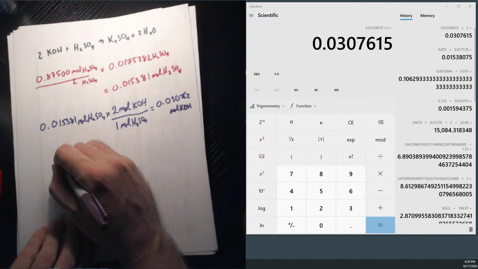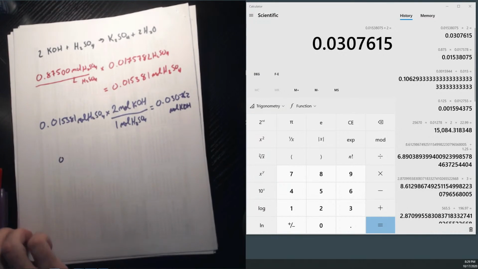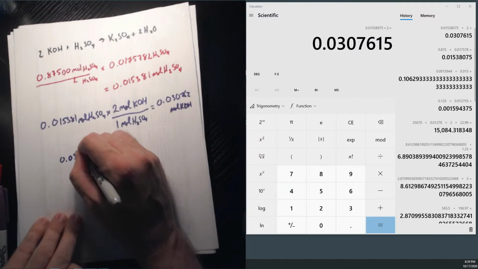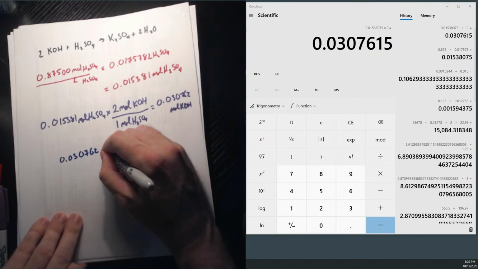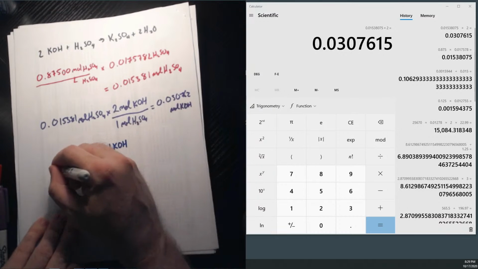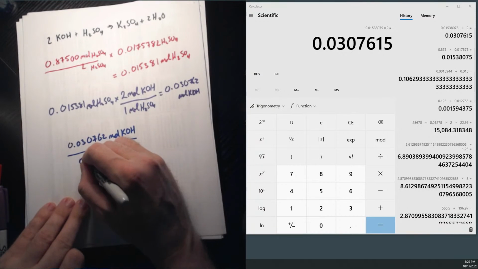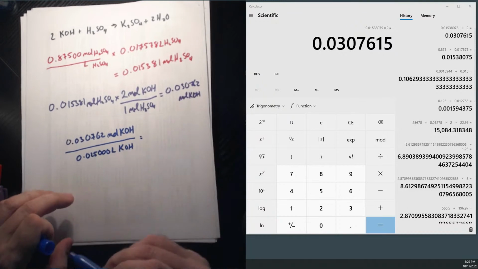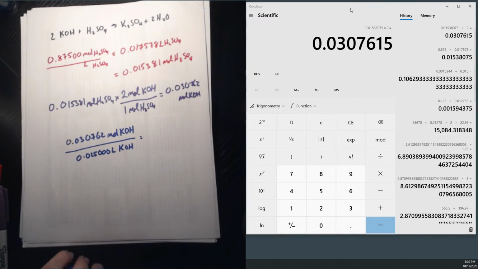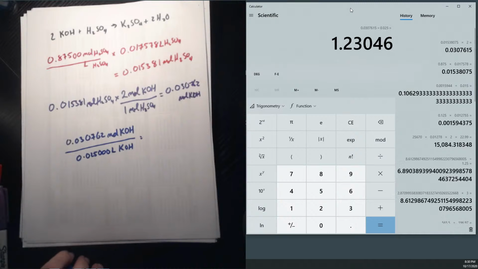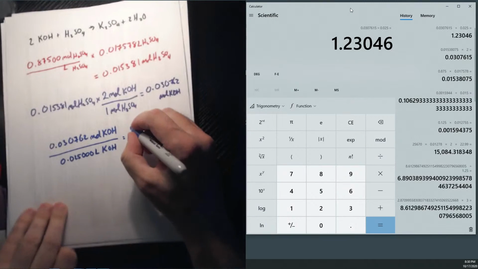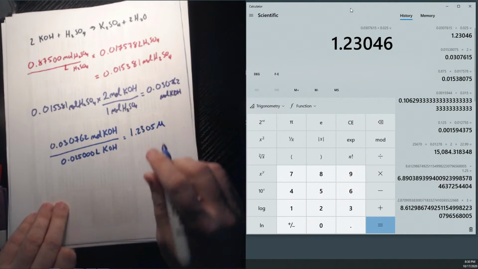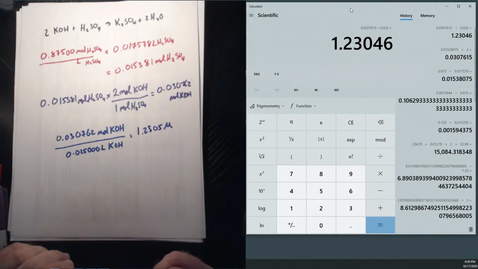So it's 0.030762 moles of KOH divided by 0.025000 liters of our potassium hydroxide, meaning that our original solution of potassium hydroxide was 1.2305 molar. So that would have been pretty concentrated.